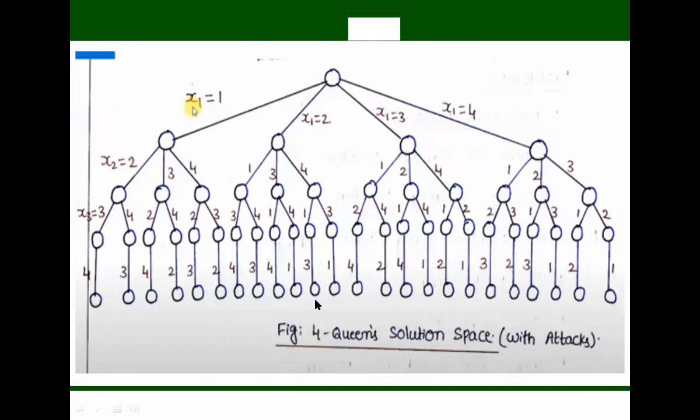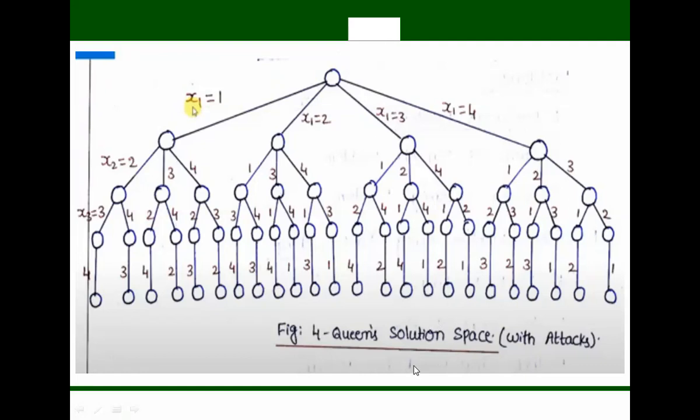Just consider here, x1 is level 1, x2 is level 2, x3 is level 3, and x4 is level 4. Just remember, q1 is in the first row, q2 is the second row, q3 is the third row, and q4 is the fourth row. Just consider the number of possibilities for this solution.